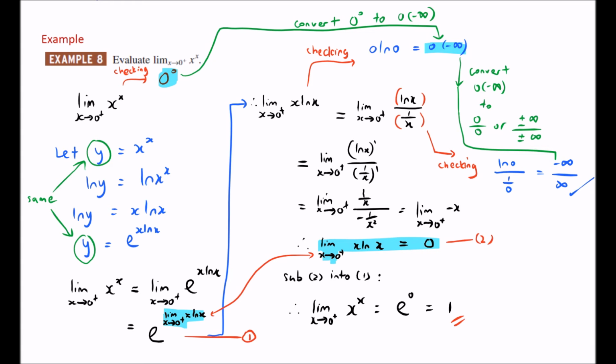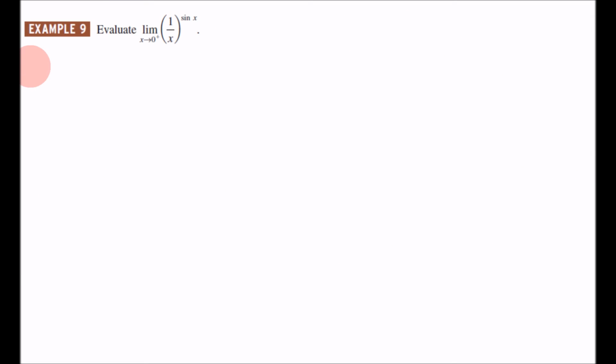Next I'll go to example 9, which is the next example in your slide. First we write down the question and do a checking. We get 1 over 0 power 0, so infinity to the power 0.